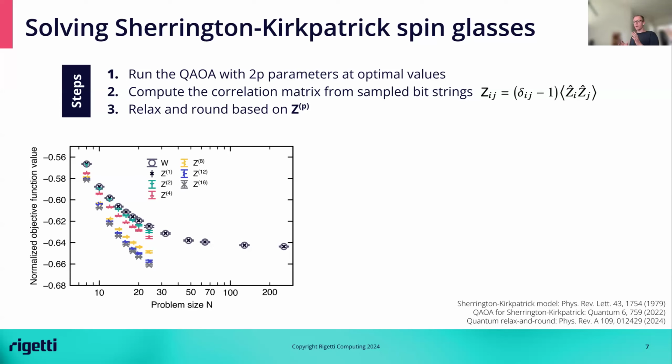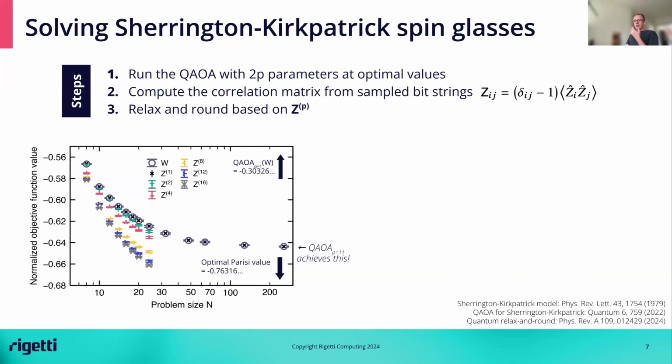So the optimal value with n going to infinity, we know it analytically for Sherrington-Kirkpatrick spin glasses, it's the Parisi value. We also know analytically the performance of the QAOA algorithm at p = 1, and it gives an average objective value of about minus 0.3.